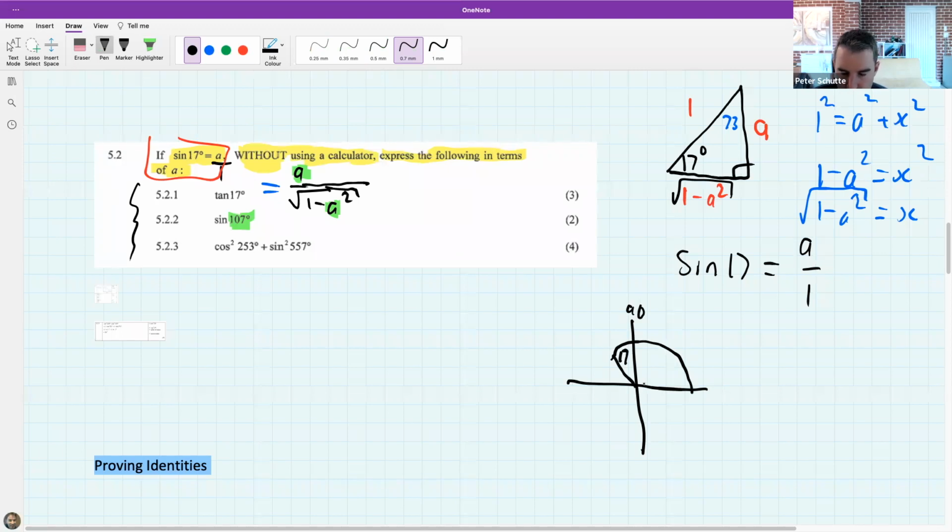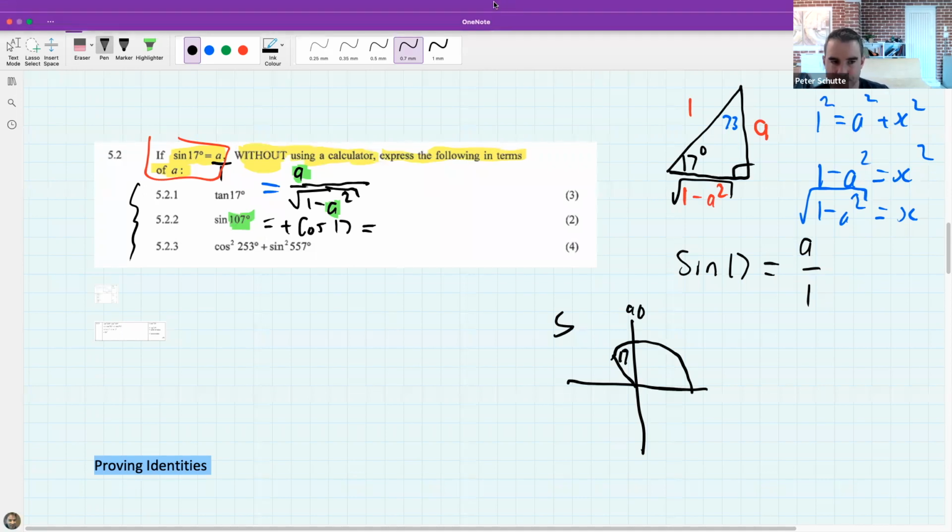Now in quadrant 2, sine is positive, so that's good news. So this will be positive, but instead of staying sine, it's going to become cos, because it's a co-ratio, cos 17. Now, once you know it's cos 17, we can get the answer. So what is the cos of 17 going to be in terms of A?